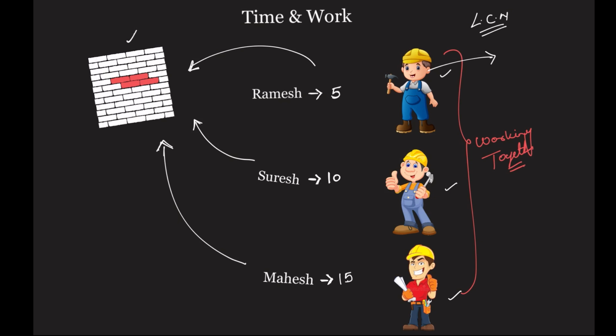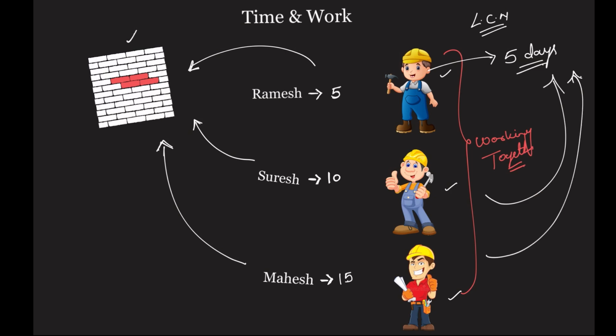Ramesh working alone can make this wall in 5 days without the help of anyone. Now when they are working together, Suresh and Mahesh are helping Ramesh. Ramesh was working alone, doing it in 5 days. Now he is helped by Suresh and Mahesh, as all three are working together.